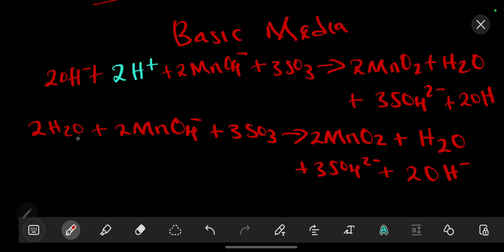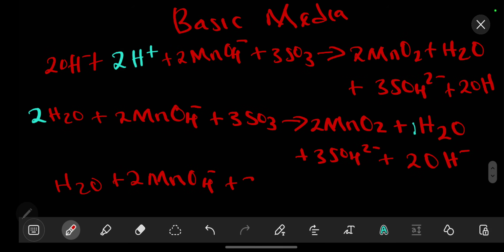So we are going to have 2, so we have a 2 minus the one that is in front of water here. We are going to get a 1. So we are going to just write H2O here. Then we have plus 2 MnO4 negative. Then we have plus 3 SO3.